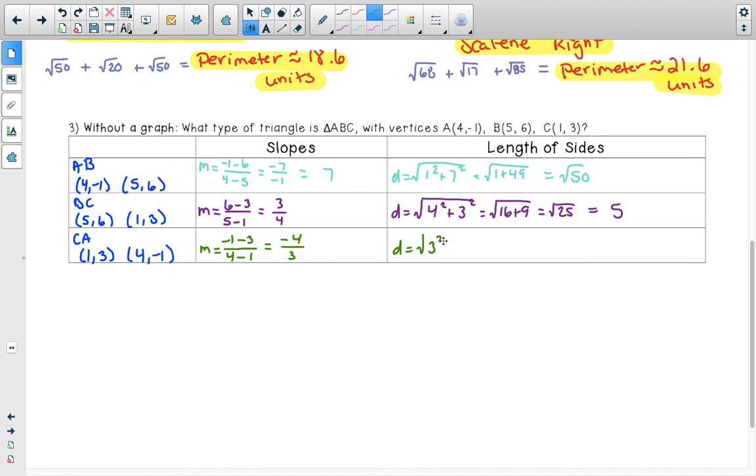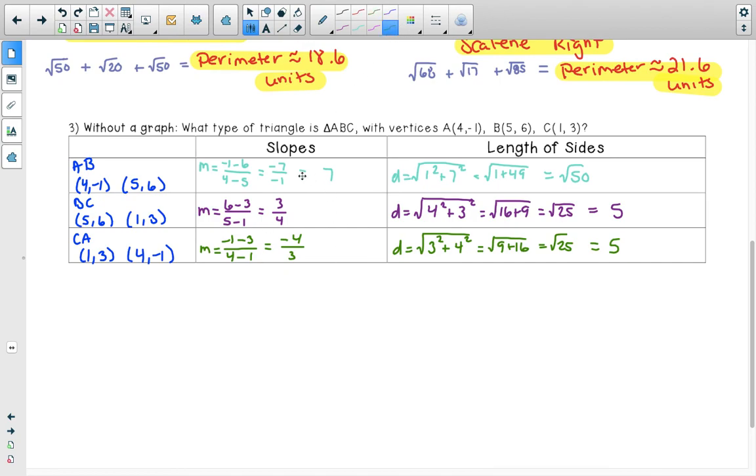So I have 3 squared plus, from 3 to -1, if I'm going down, that's 3 to 0 is 3, and then to -1 is another 1. From 3 to -1 is 4 steps away. So that'd be 4, and then I square it. So I get the square root of 9 plus 16, which is the square root of 25, which is equal to 5, since I can simplify that. It is a perfect square.